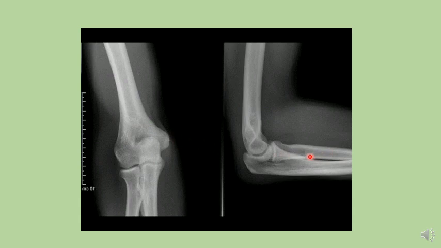This dark shadow is because of overlapping of ulna, coronoid process on part of the head of the radius and neck of the radius. So because of overlapping we are seeing dense shadow. You can again make out medullary cavity and cortical bone.